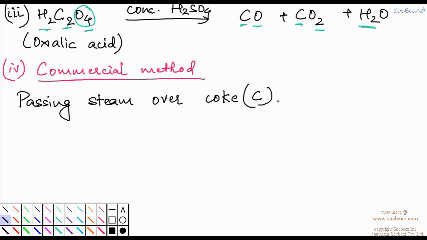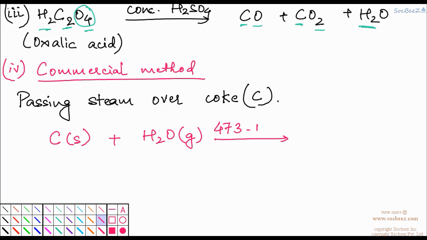So the reaction is carbon, which is solid, plus H2O gas, that is steam, at a temperature of 473 to 1273 Kelvin. We get carbon monoxide gas plus H2 gas.